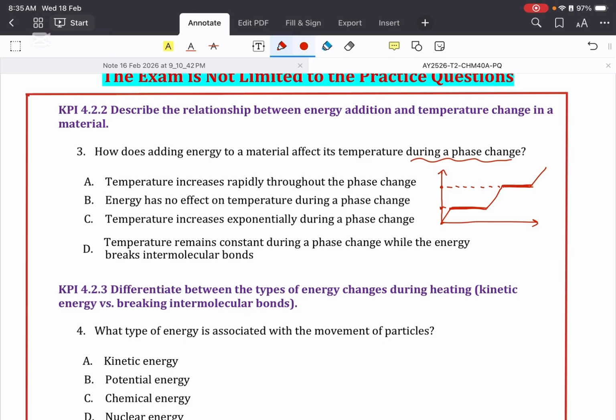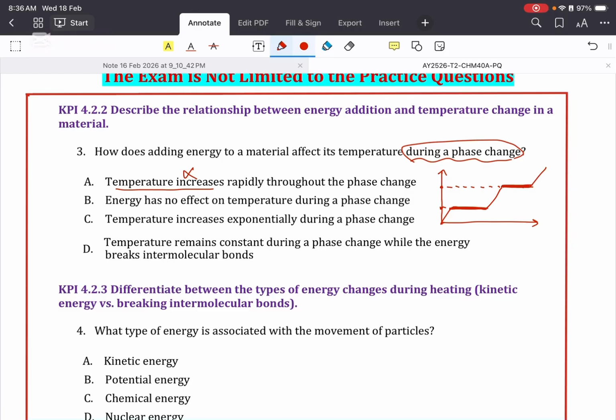And at that point, the energy gained is helping the substance to break the intermolecular forces and shift from solid to liquid to gas. So during the phase change, the temperature remains the same.